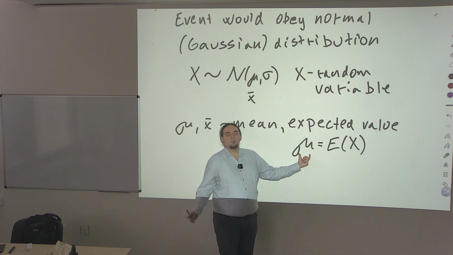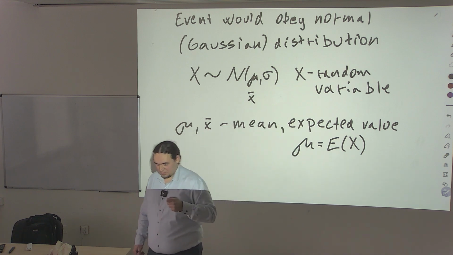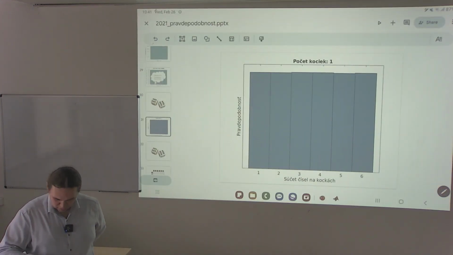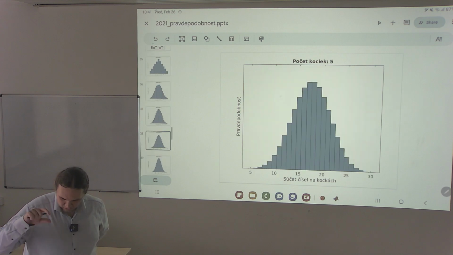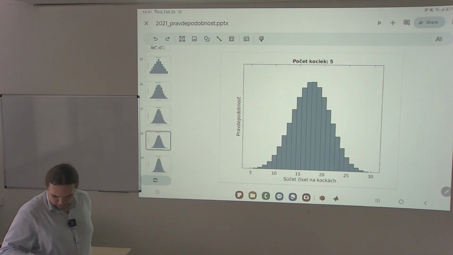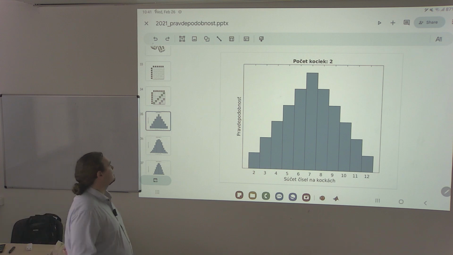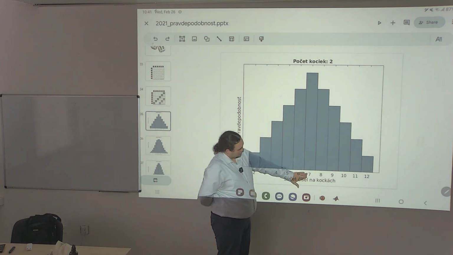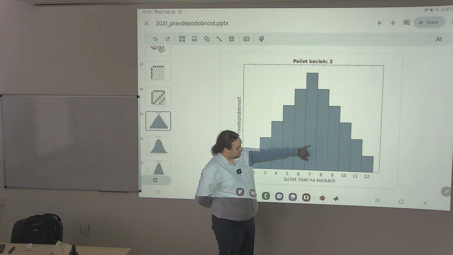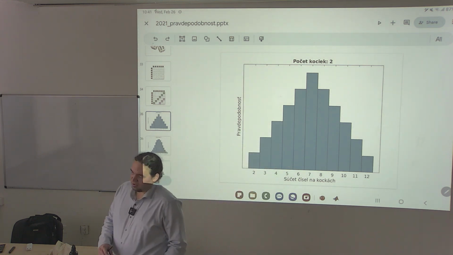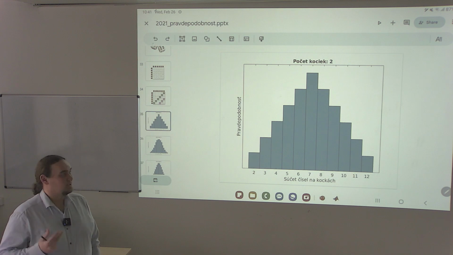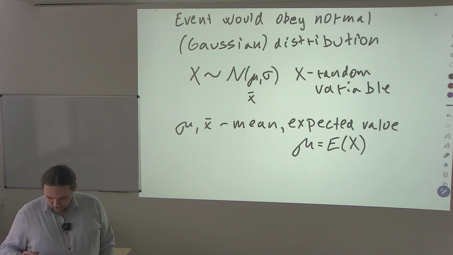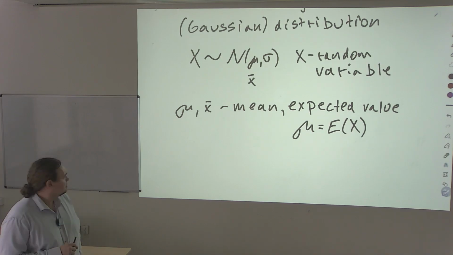This here is already making sense: what can we expect from our dice game? Let's take this simple example. Our mean would actually be the number 7 here. That would be the most expected one.